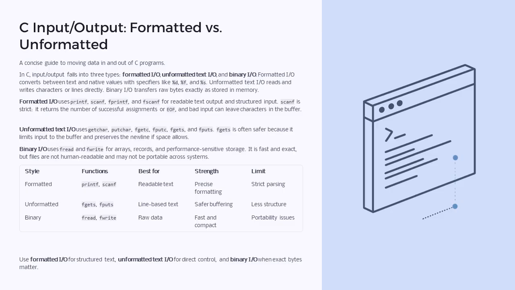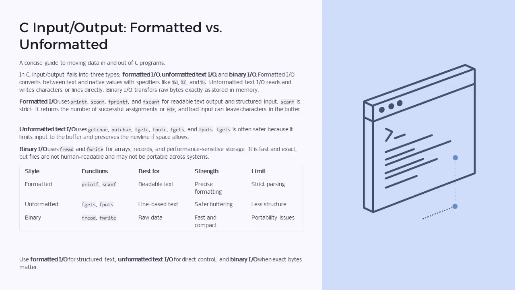Fgets is often safer because it limits input to the buffer and preserves the newline if space allows. Binary I/O uses fread and fwrite for arrays, records and performance sensitive storage. It is fast and exact, but files are not human readable and may not be portable across systems.